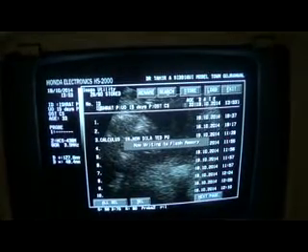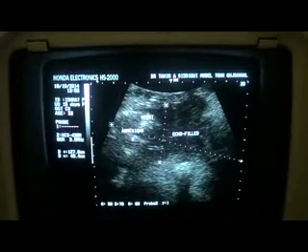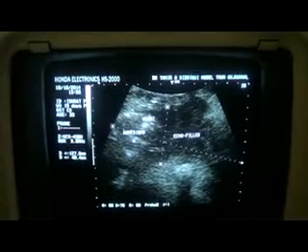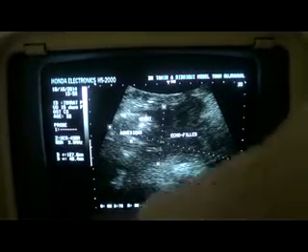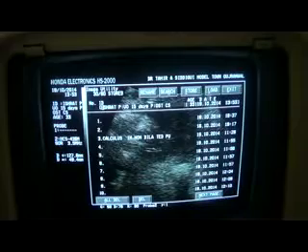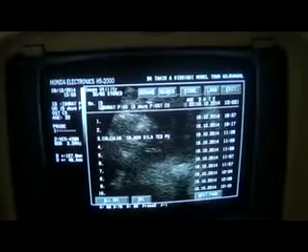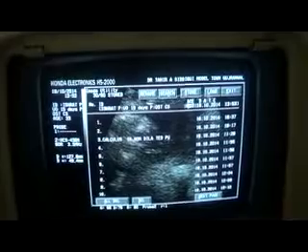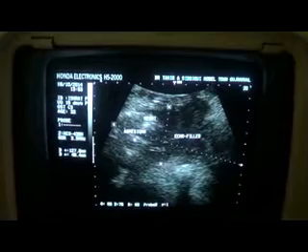So echo-filled fluid. This is also measuring something around 13 centimeter by 5 centimeter and is echo-filled.